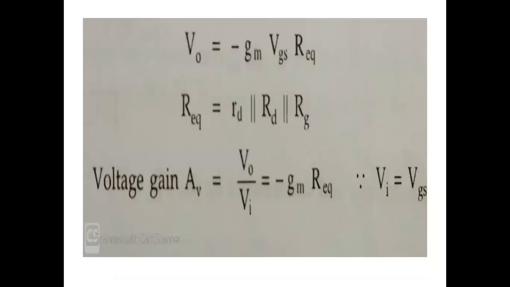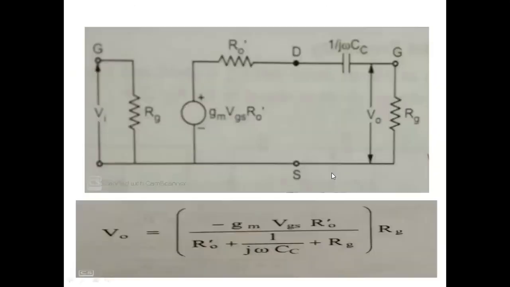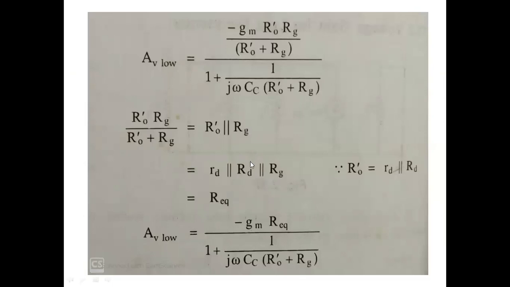So we are taking the parallel combination as R equivalent, and we are substituting that value.